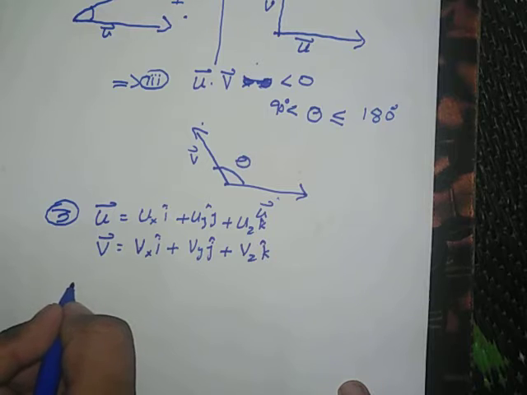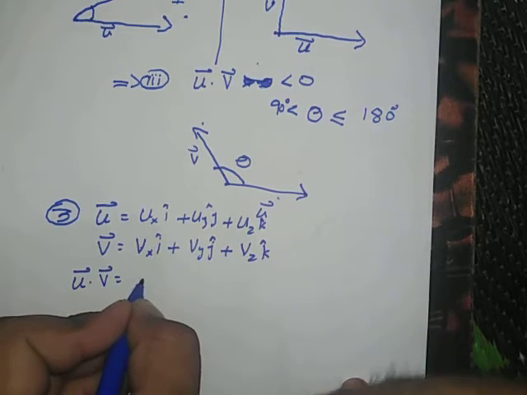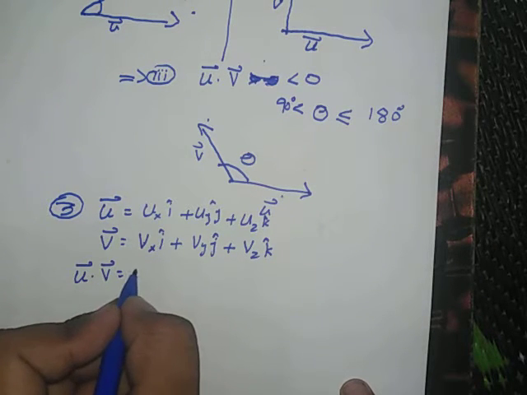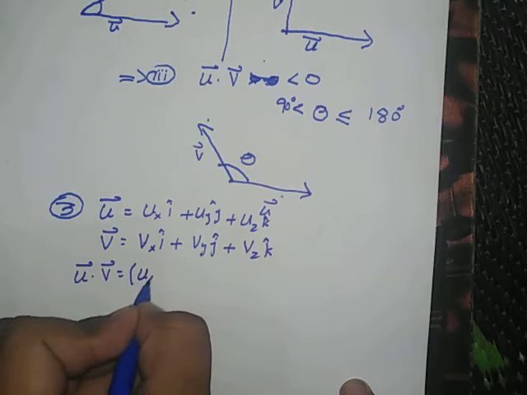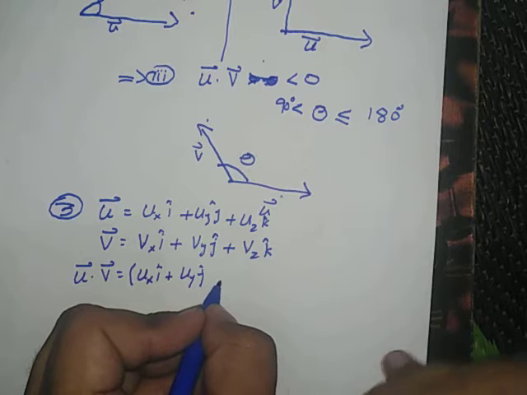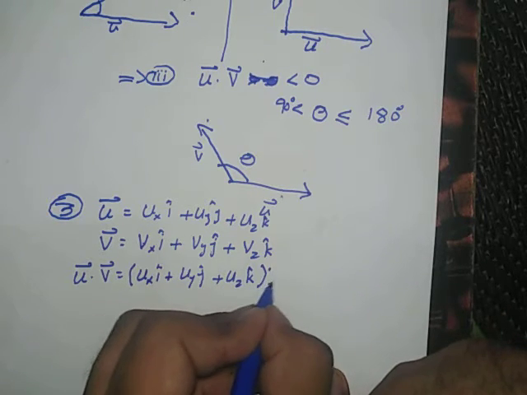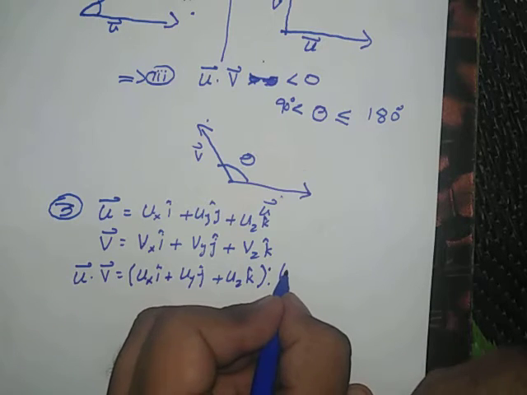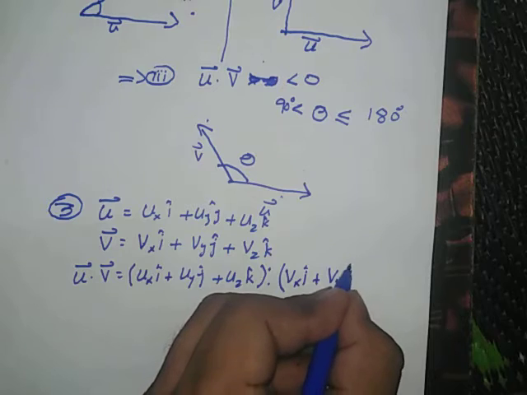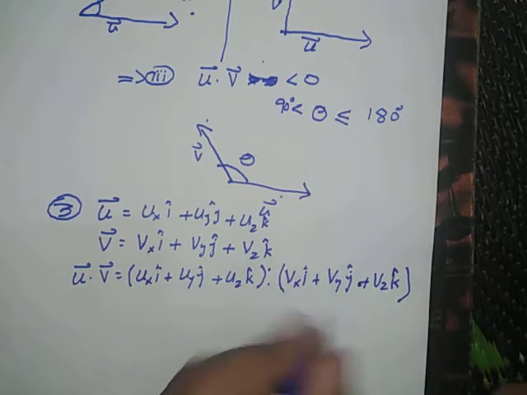We defined the dot product in rectangular components. u dot v is equal to, we multiply both vectors like this: (ux i plus uy j plus uz k) dot (vx i plus vy j plus vz k).